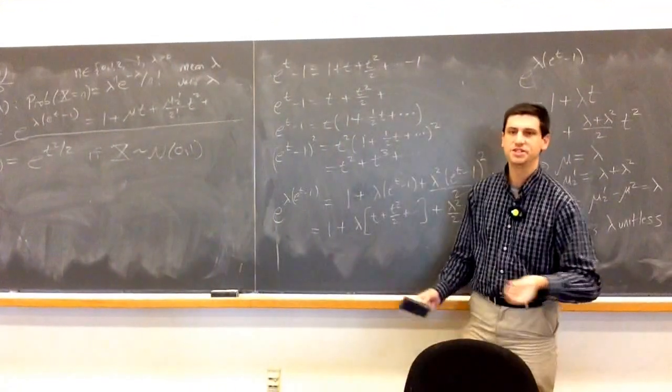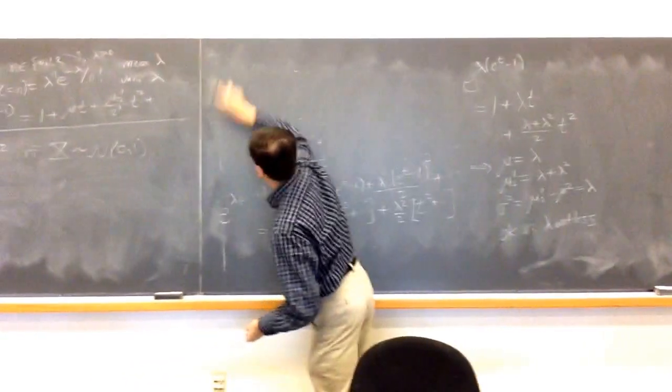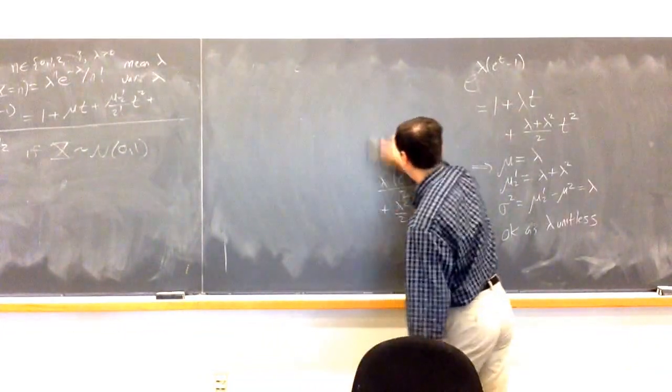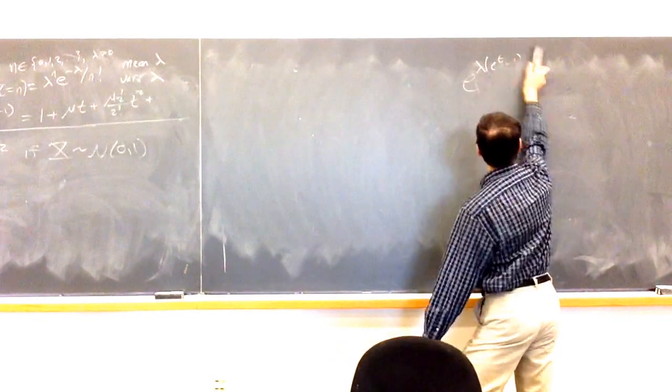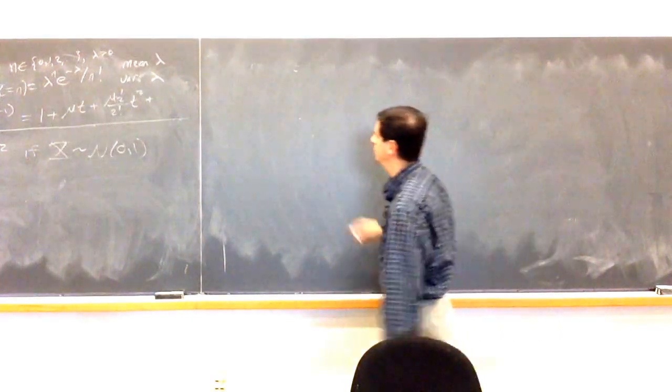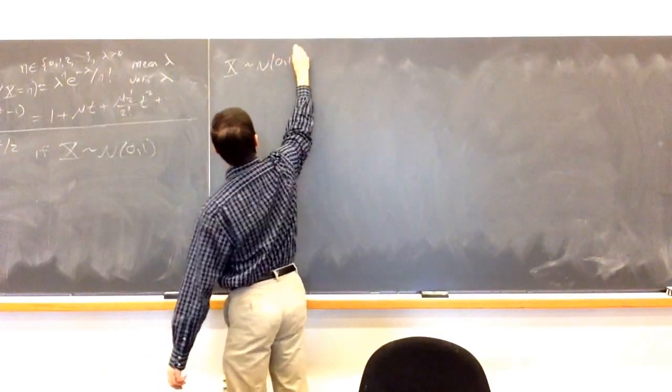We have almost done this already when we were doing the normalization constant of the normal. So now we're going to start calculating moment generating functions. We've already done a few of them. So let's calculate. So x is going to be normal 0, 1.